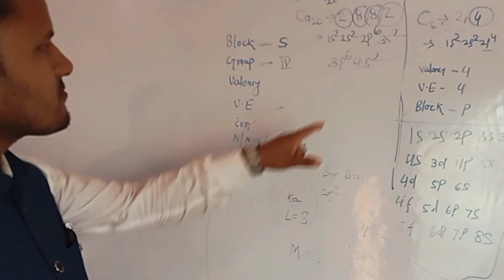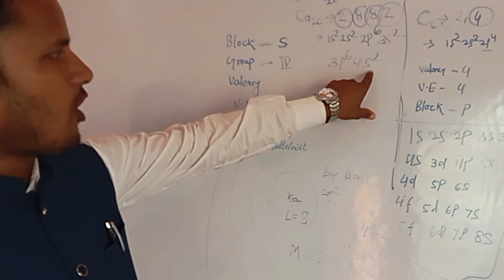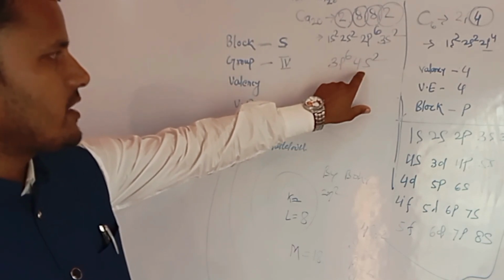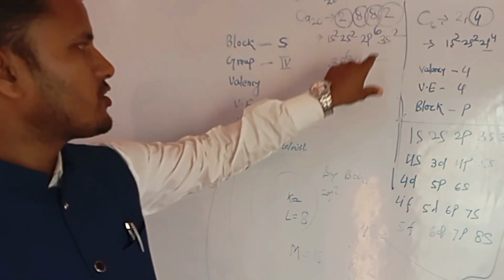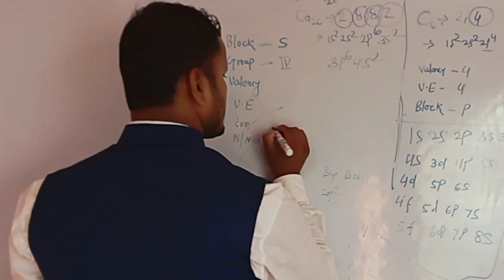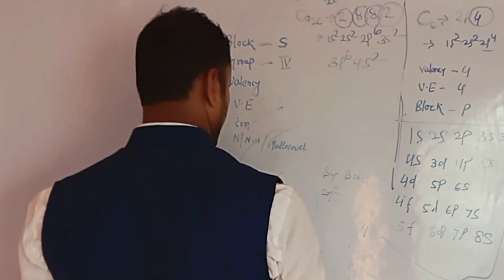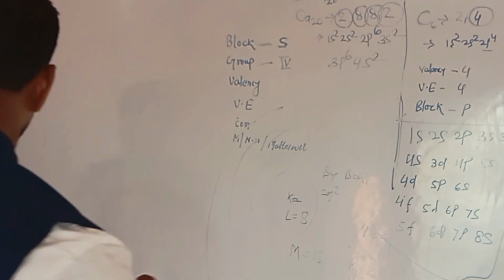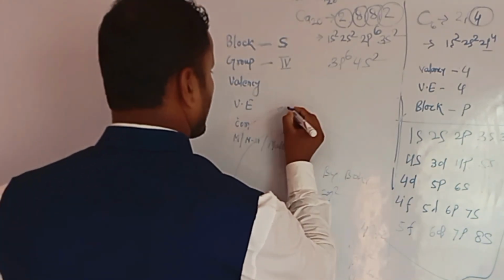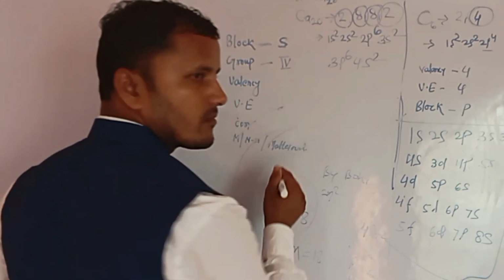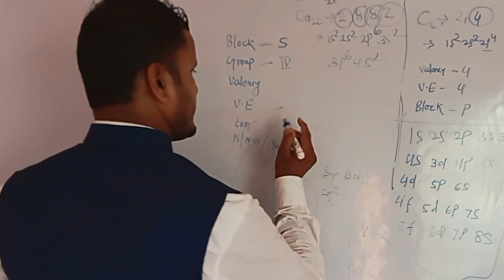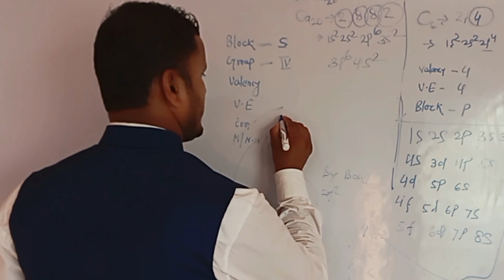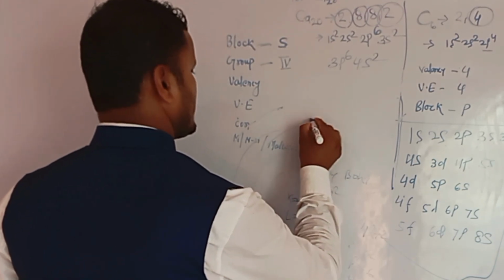In the last orbit, how many electrons are present? In the fourth orbit, 2. So the ion of this is Ca plus plus.